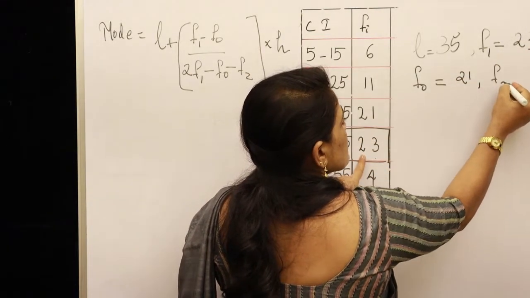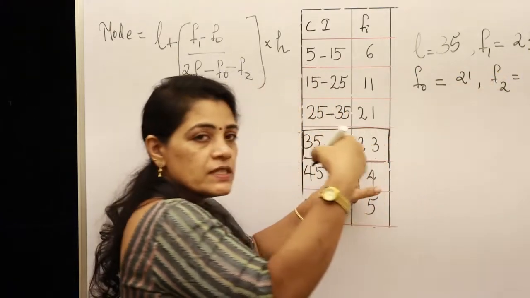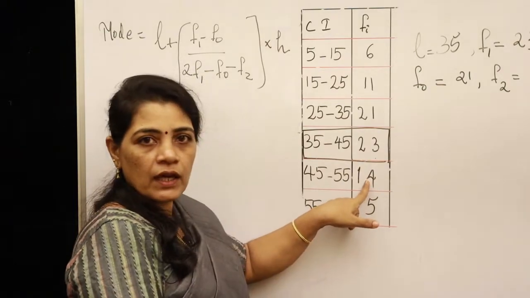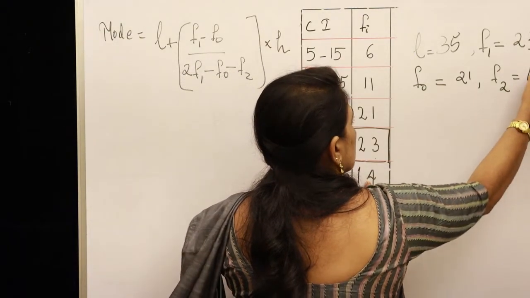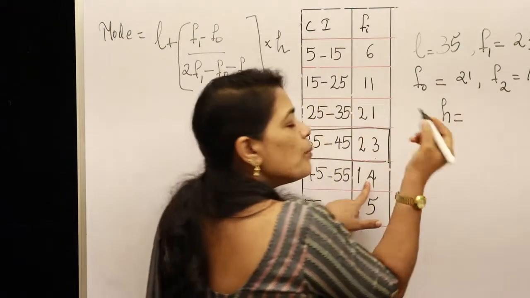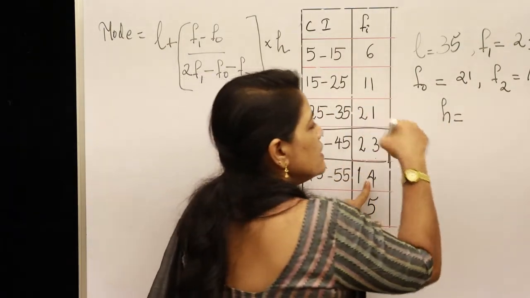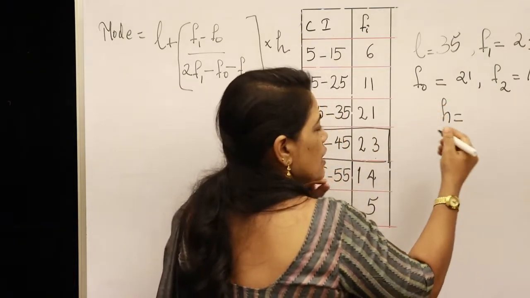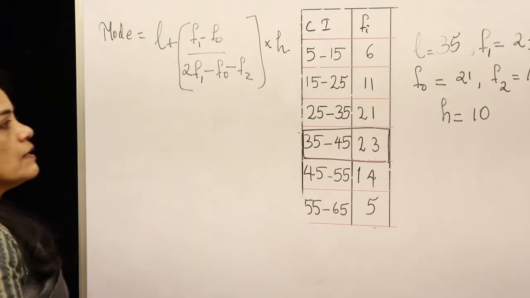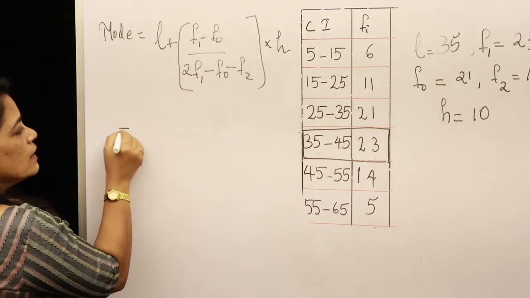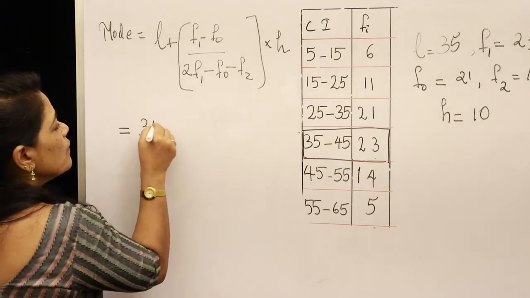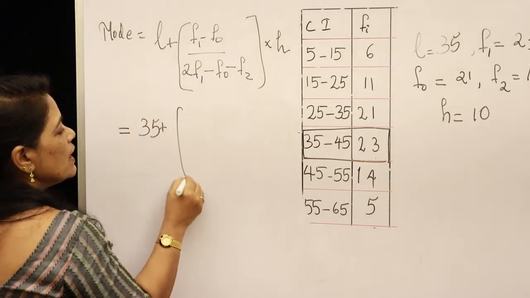Okay, F2 is the frequency of the class which comes after the modal class, and that is 14. And H is equal to class size, that is upper limit minus lower limit. In this case all the class intervals have the same class width. Okay, so 10.